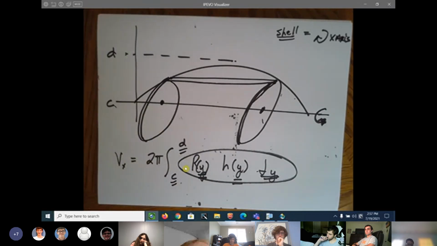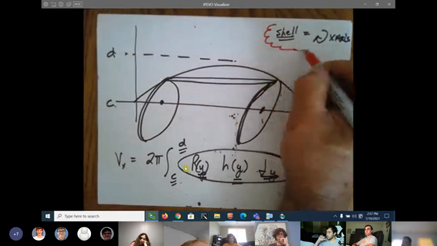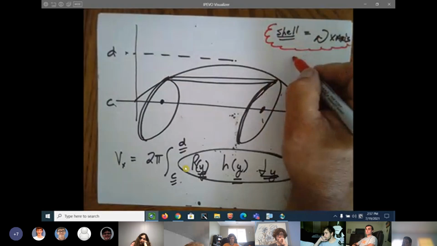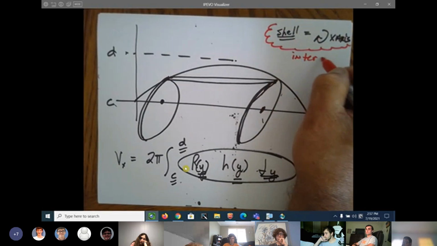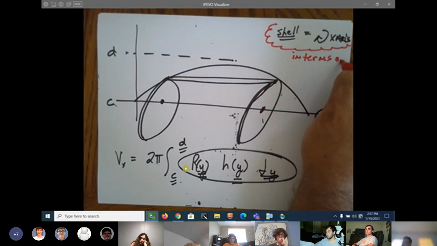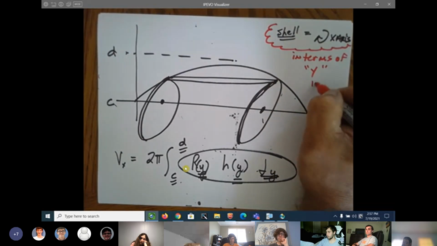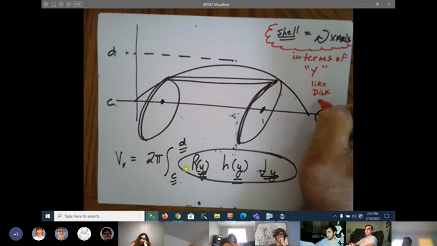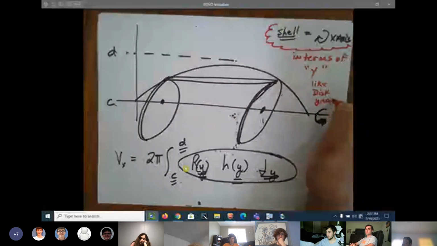With a disk, you do it when you're revolving around the y-axis. So make sure you make this distinction in terms of y, like disk revolving around y-axis.